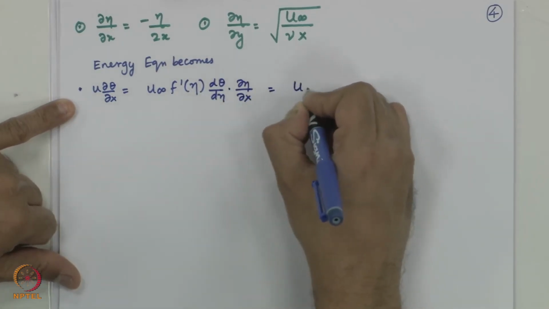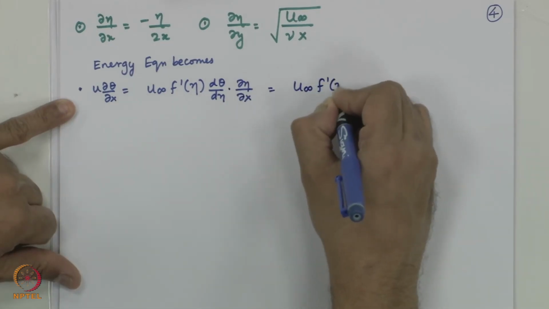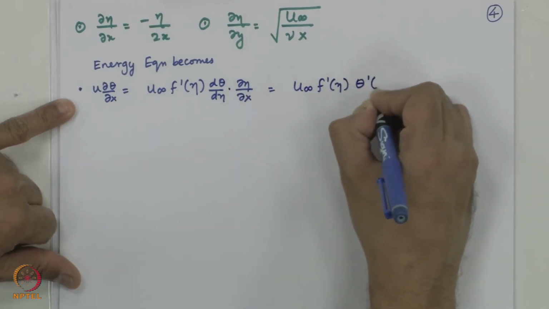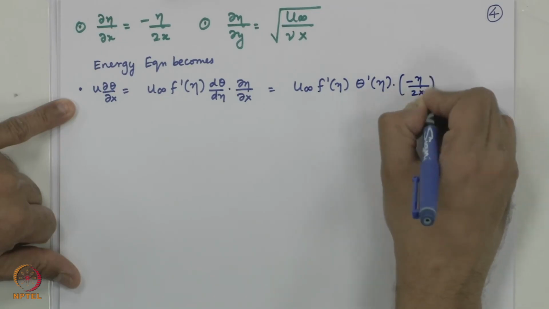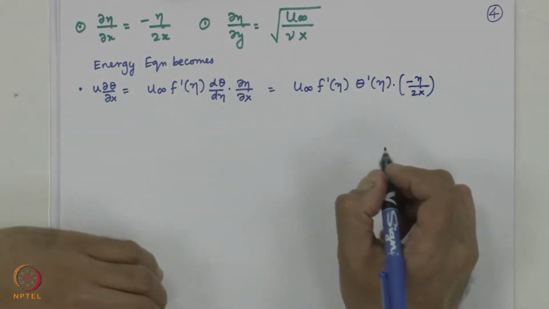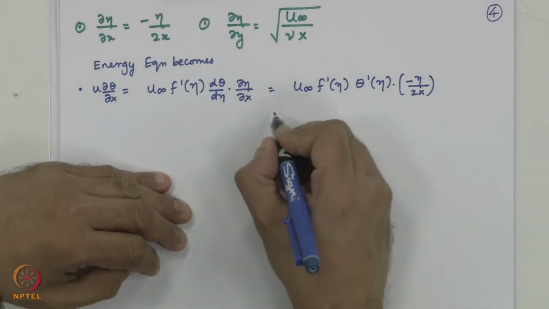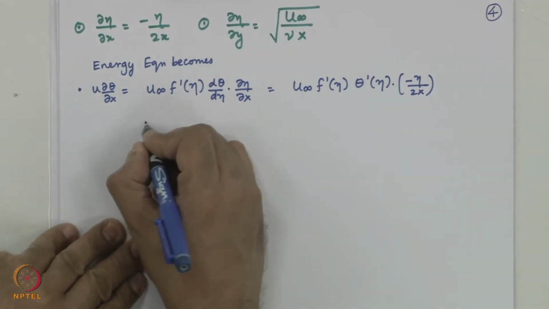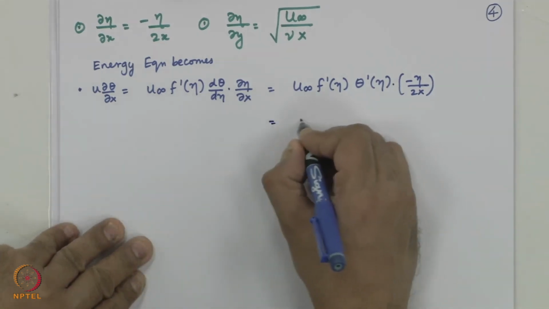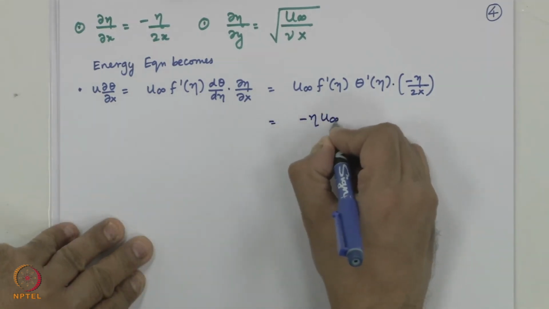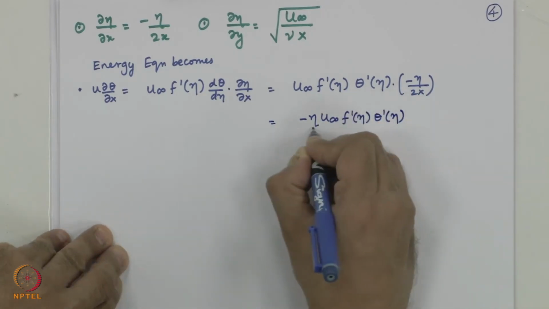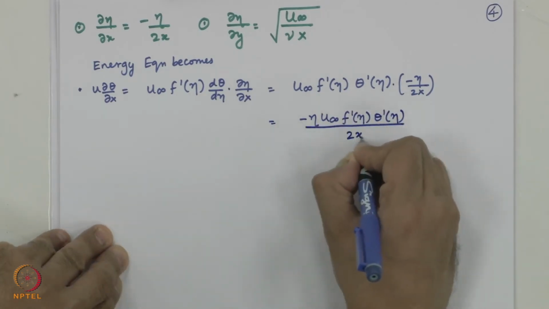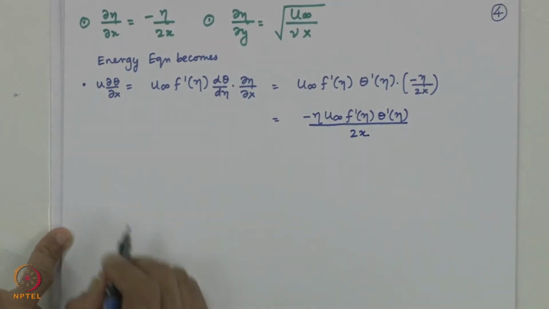So this is going to be u∞ f'(η) θ'(η) times (−η over 2x). Correct? So this can be written as −η u∞ f'(η) θ'(η) divided by 2x. This was my first term.